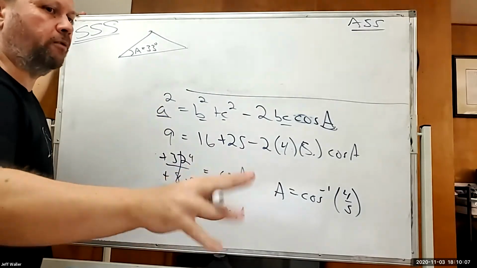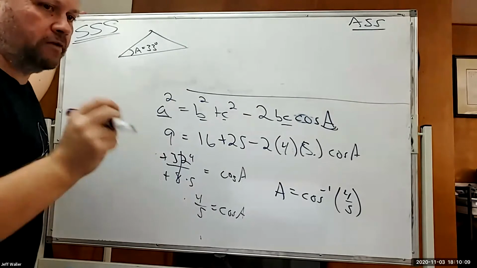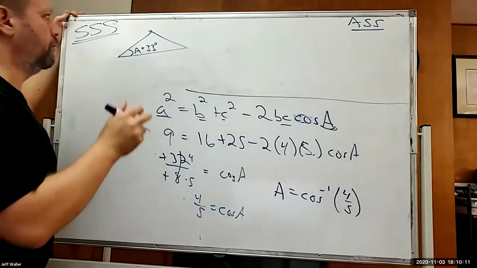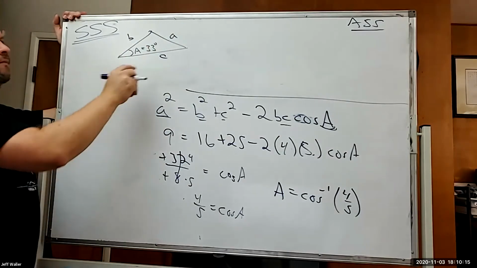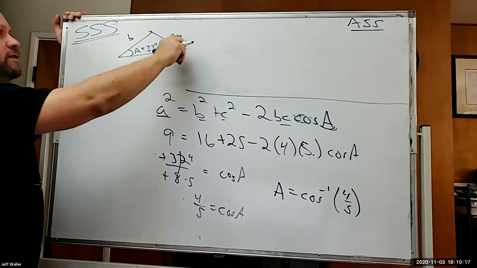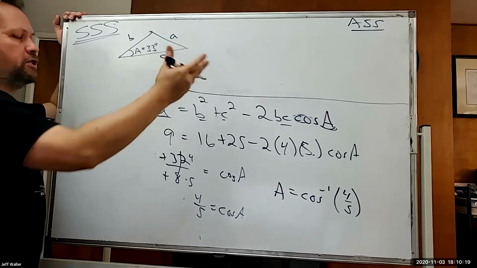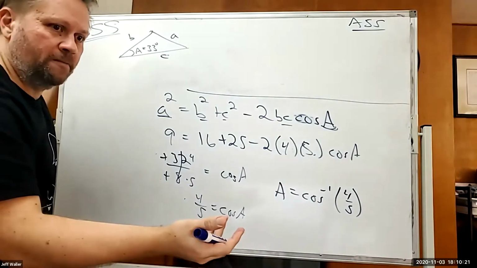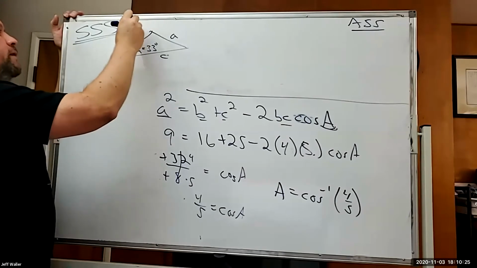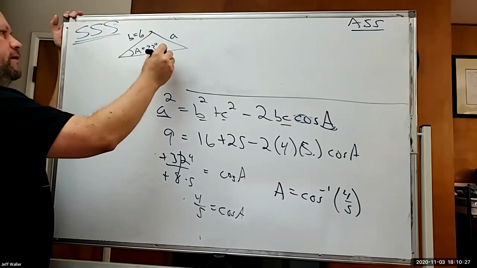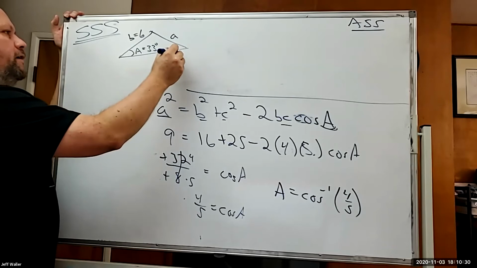If I want to create a problem where you can't use law of sines, what side can I not know? Side A. Because if I did know A, I could make a ratio and use law of sines. So I don't want to give that to you. So I'll tell you side B is 6, and let's say side C is 9.